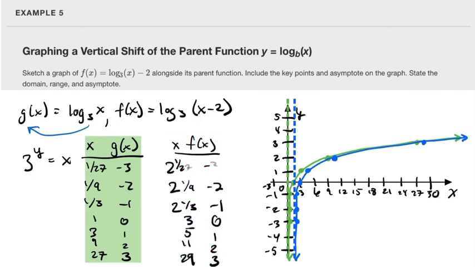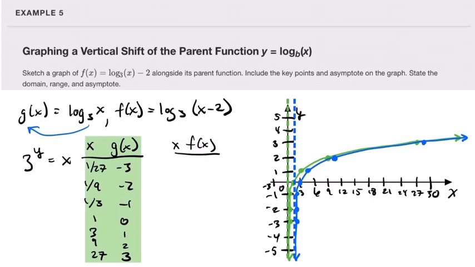Let me get rid of all of this. I need to get rid of the blue from here.